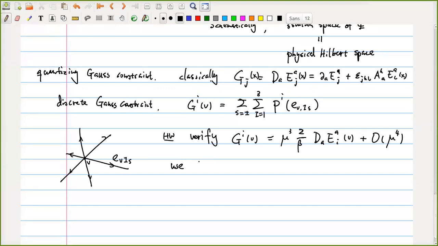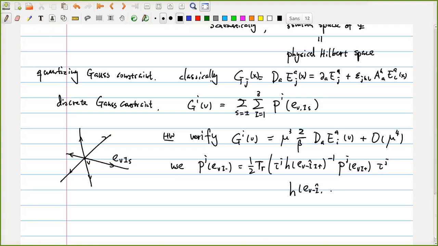Because it involves flux in the forward direction and also flux in the backward direction, for the flux in the backward direction you have to use this formula: p_{I-} equals minus 1/2 of h_{I+}^{-1} p_{I+} h_{I+}, or similar.